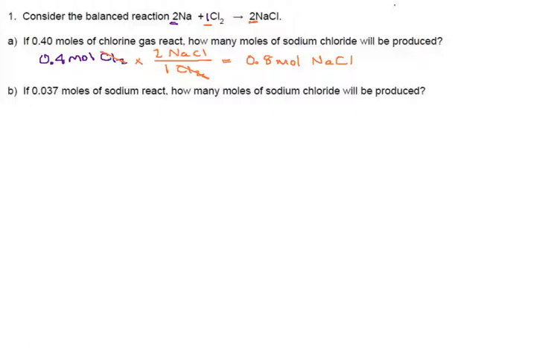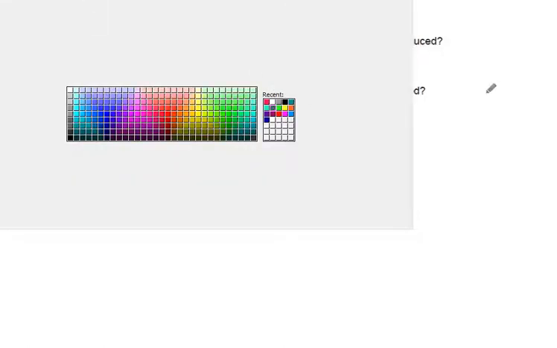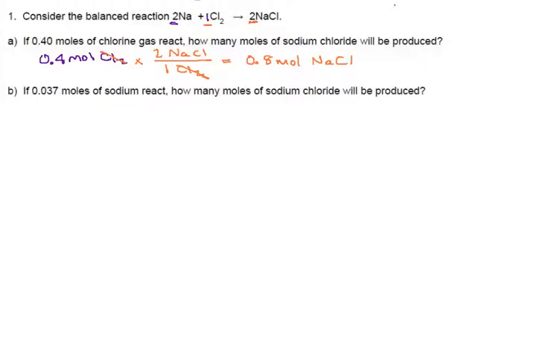Two other ways that you could do this. One is you could cross multiply. You could say something like this. I'll clear these from the original equation. The numbers we have up here are that it's 1 chlorine to 2 NaCl.